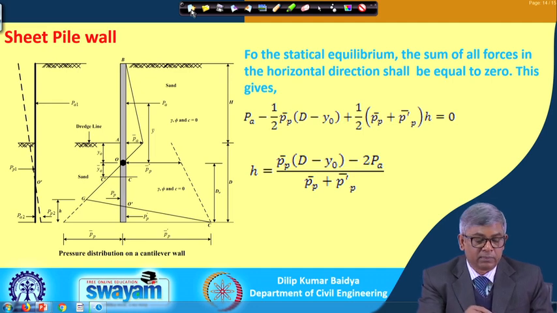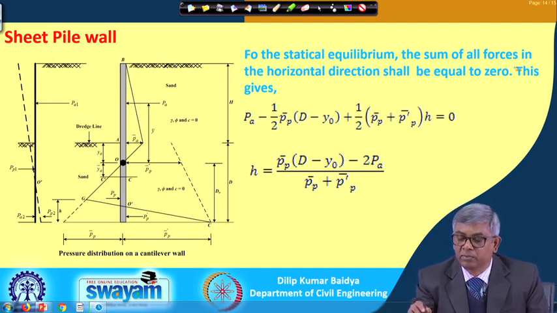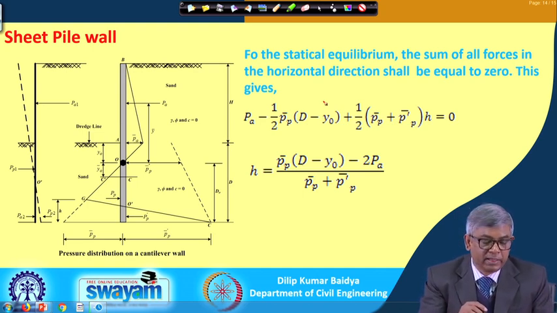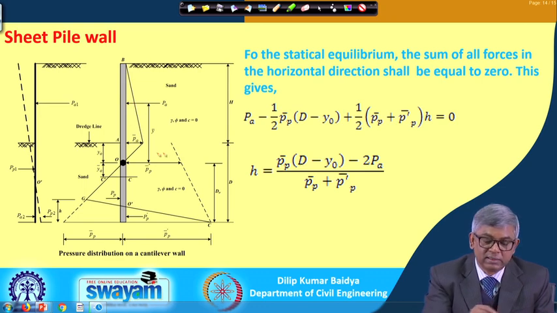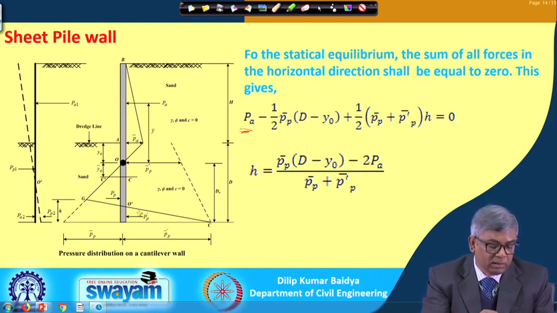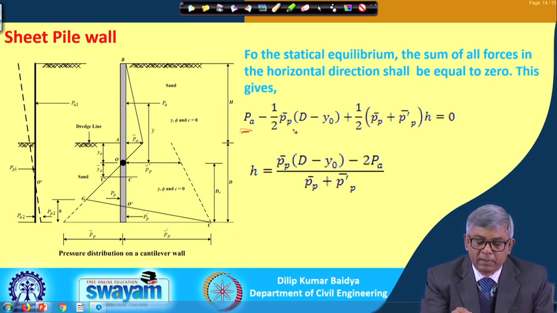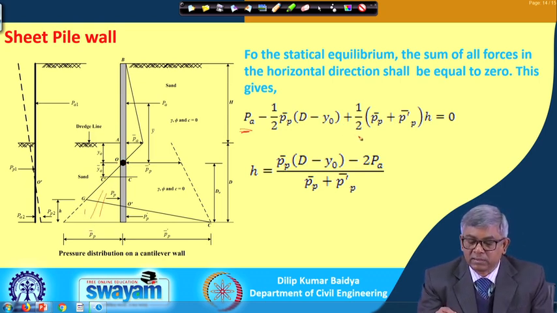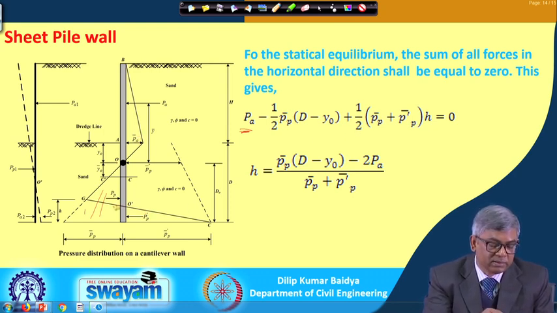We can say for static equilibrium that the sum of all the forces in the horizontal direction from the left and right must be equal. If I want to do that, you can see that this entire thing is nothing but P a. This is P a minus half P p bar, half P p bar times d minus y naught, the total depth being d minus y naught. So, I am taking this portion, and plus half, this is plus and this is minus.